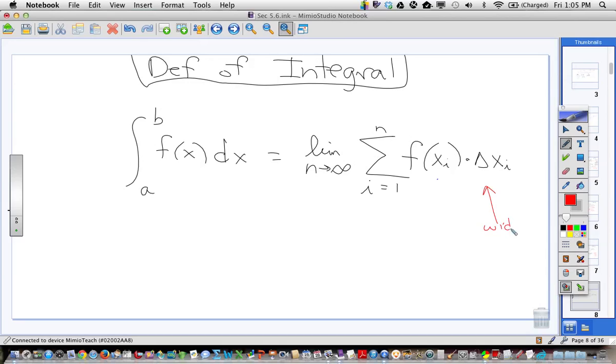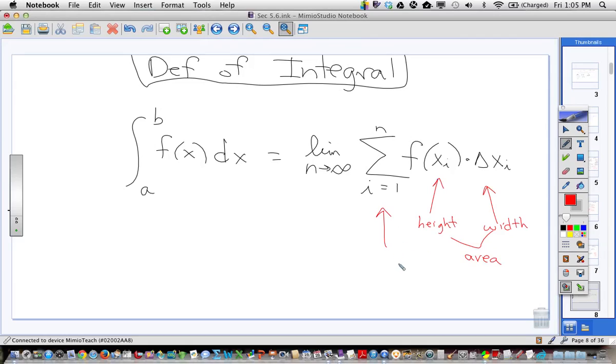I would say, well, this represents the width of a rectangle. This represents the height of a rectangle. When you multiply those two together, you get the area of a rectangle.